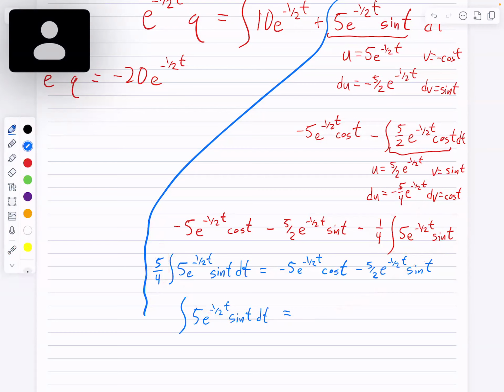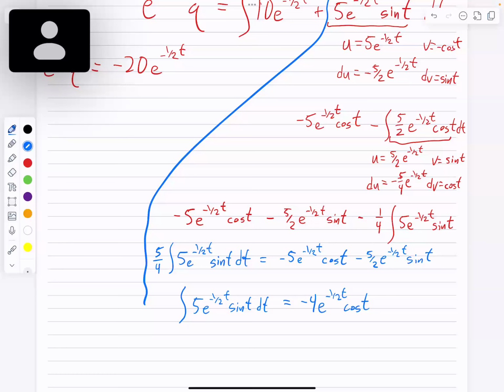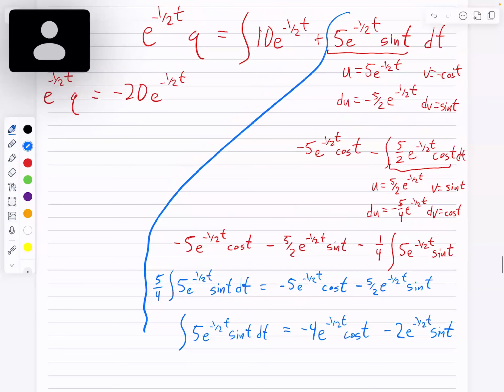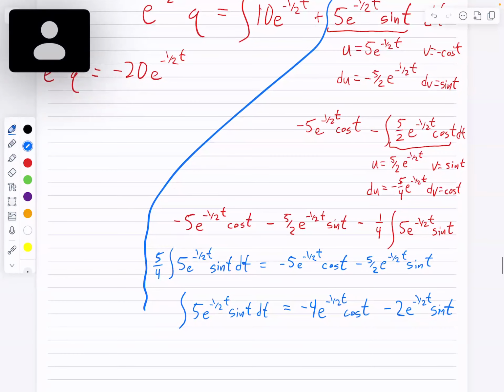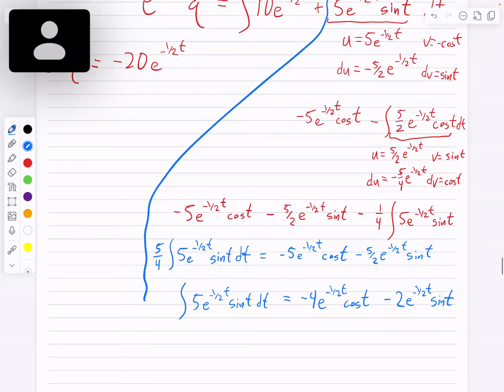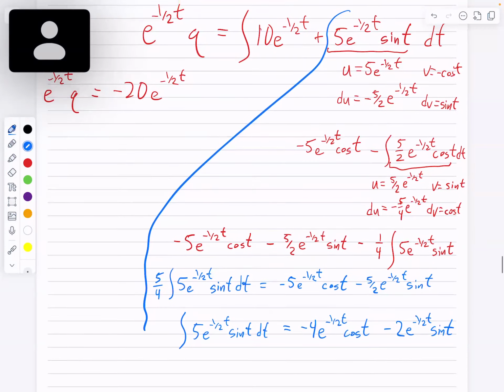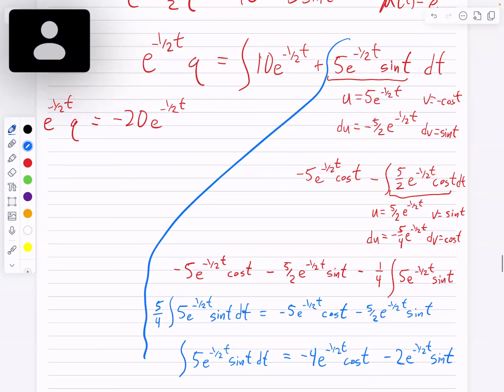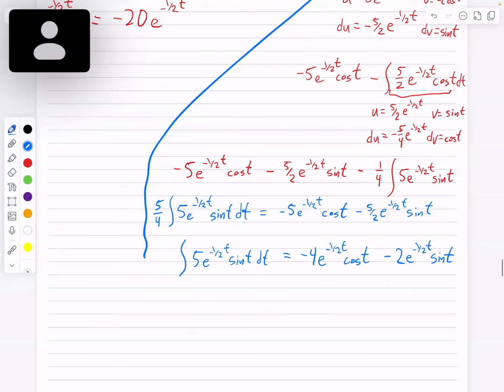And then dividing by 5/4 gives me -4 e to the -1/2 t cos t. 5/4 of this will be -2 e to the -1/2 t sine t. Wowza. That was a lot. Okay. I believe that's correct, though. Let me think about this for a second. Yeah, I think so. Okay, let's put it all together now.